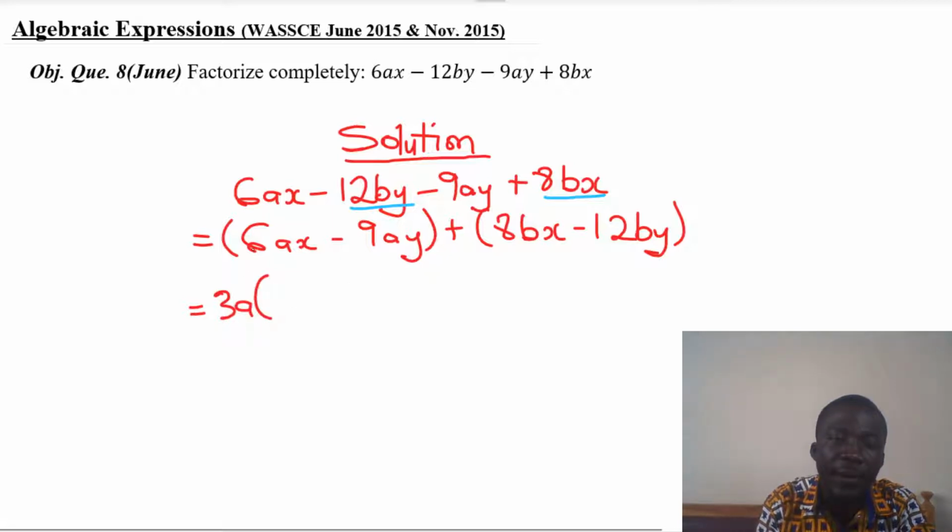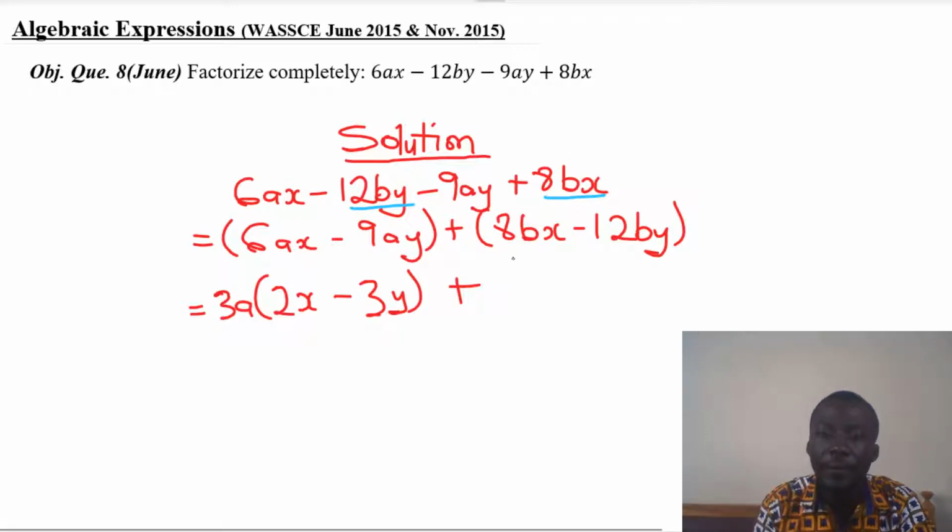Then 3 goes into 6, we are going to get 2. Then ax divided by this a, we will be left with x, minus 3 goes into 9, we are going to get 3. Then ay divided by the a, we are going to get y.